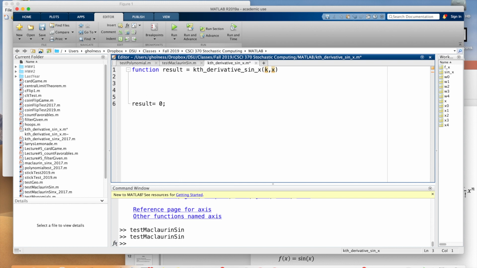This is i, right? Order i, right? And this is the i-th derivative d^i/dx^i of sine of x. Okay, so if our order is 0, we're not doing any derivative, and that's just what? Sine x. Okay. Now, what is the first derivative of sine x?